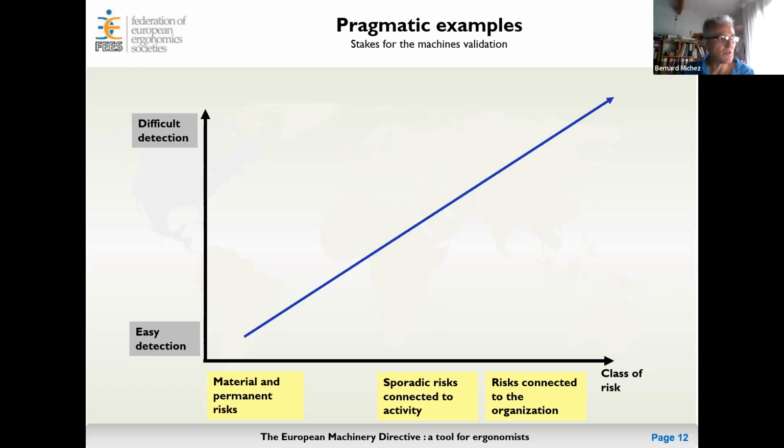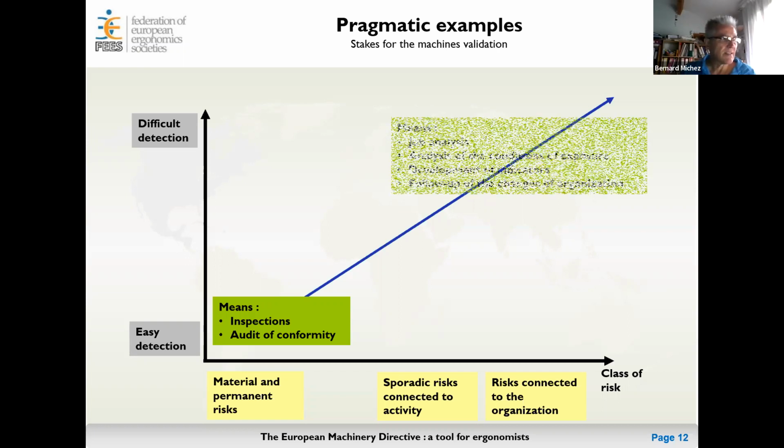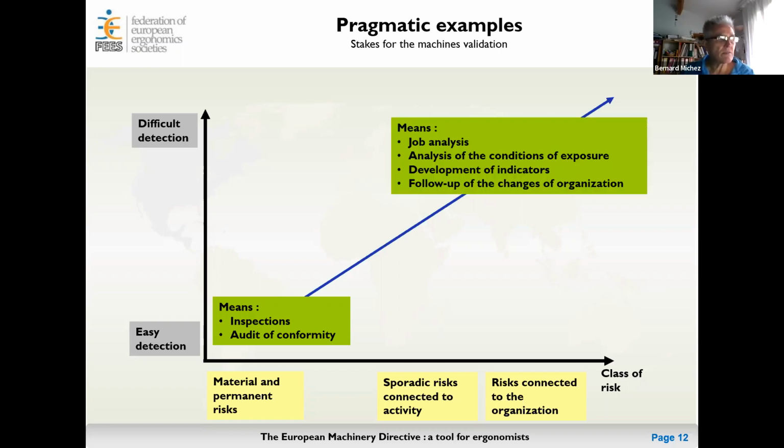So you see this curve. For this kind of risk, you may identify some of them by inspections, conformity audits, and so on. For the others, you have to do a job analysis of conditions of exposure.